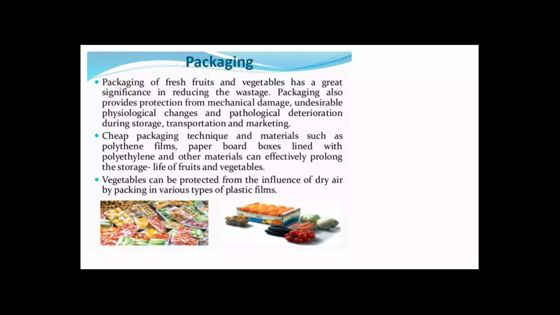Vegetables can be protected from the influence of dry air by packing in various types of plastic film. As you know, certain vegetables will get fairly flaccid if they're kept exposed to the air.